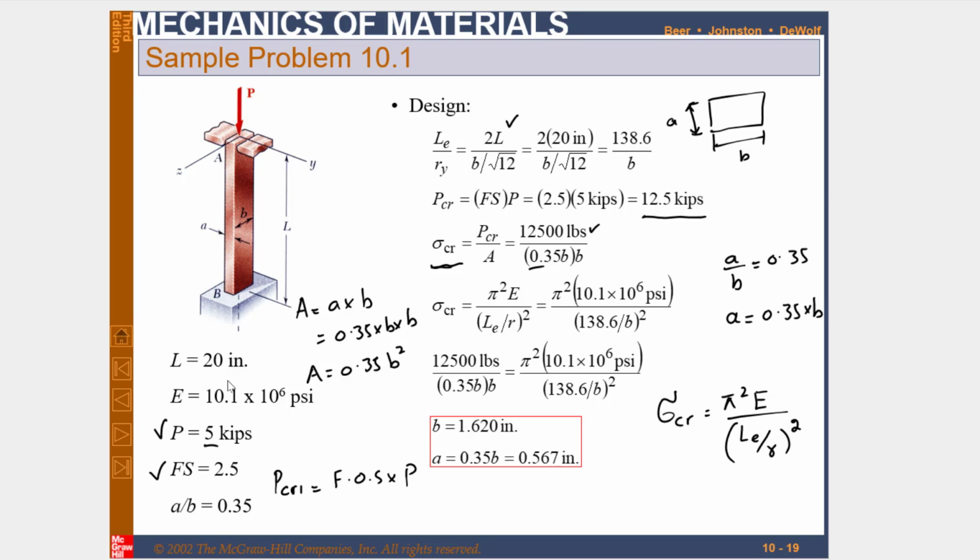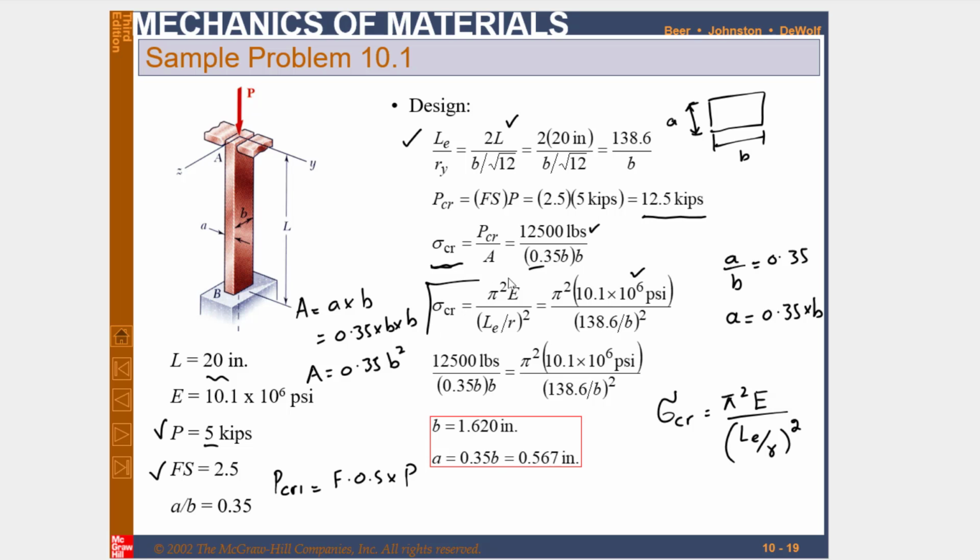LE over R squared. Now LE over R for this, about the y-axis in the xz plane, is already 138.6 divided by B. So we know the value pi square, E is given as 10.1 into 10 raised to power 6, and LE over R is 138.6 divided by B whole square.